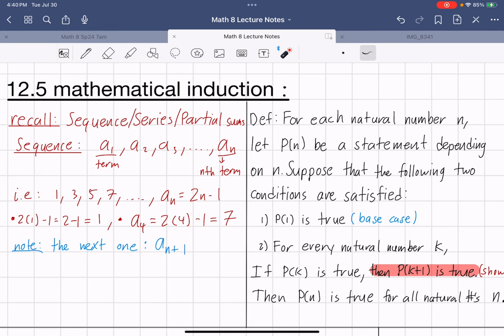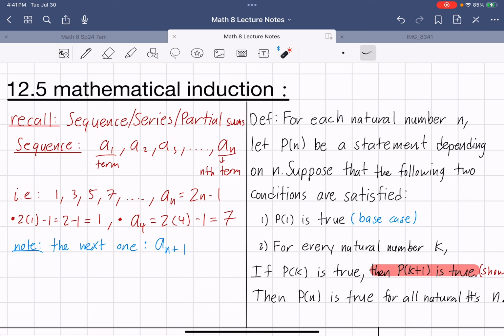Because if I can show the one that follows after arbitrarily, just at random, I'm not checking a specific one. I'm just assuming if you're at 1,000, we're proving 1,001. If you're at 1,000,000,000, we're showing the 1,000,000,001, the one that follows after. Just think about n plus 1 as the general way of saying the next one. I know the next one will also work.